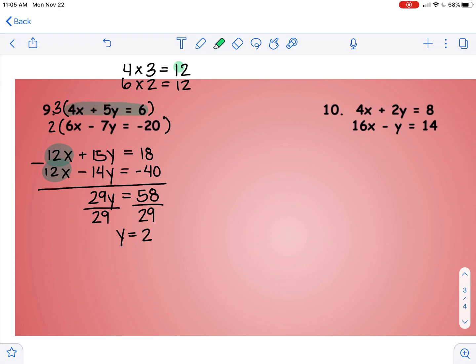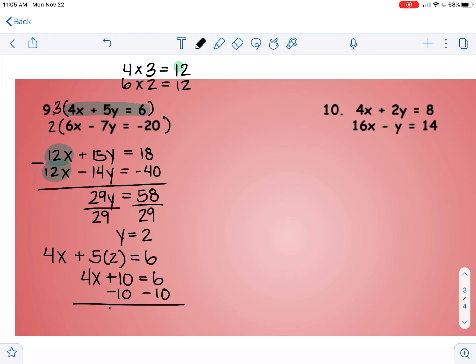So then I'm going to use this top row right here. And I have 4x plus 5 times 2 is equal to 6. So 4x plus 10 equals 6. I'm going to subtract 10 on both sides to get rid of my constant.